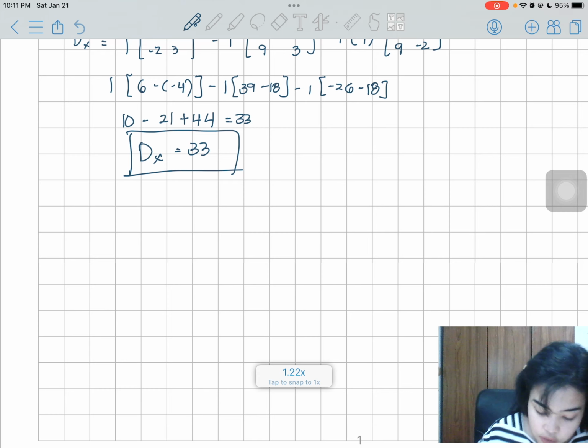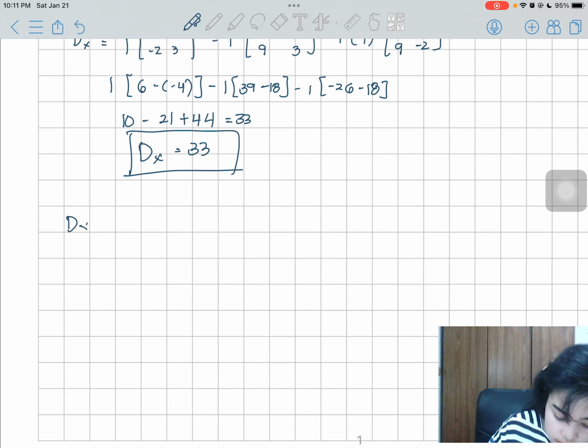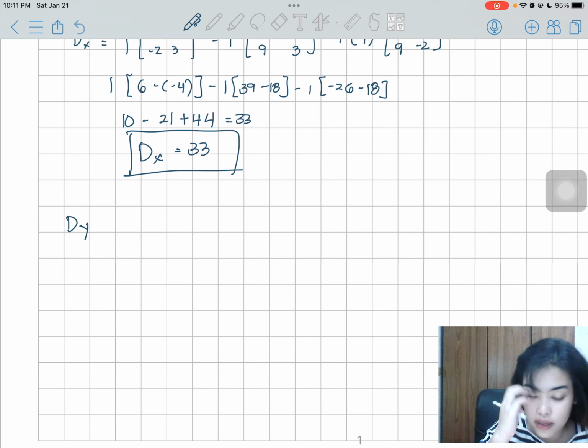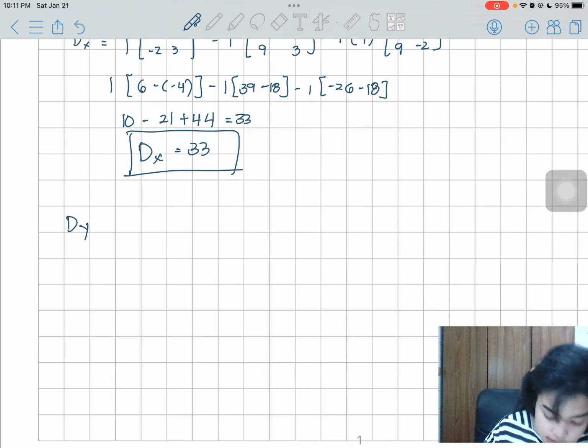So let's move on to Dy. For this case, d1, d2, and d3 will substitute the y coefficients. So a1, a2, and a3, then d1, d2, d3, c1, c2, c3.